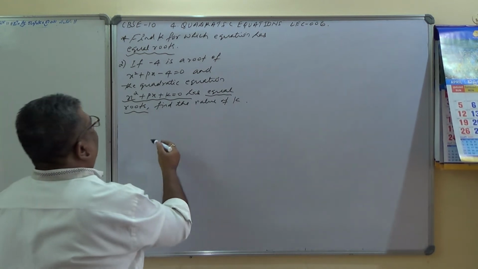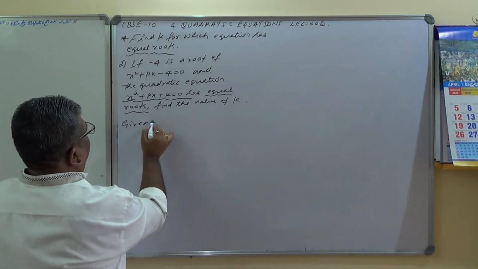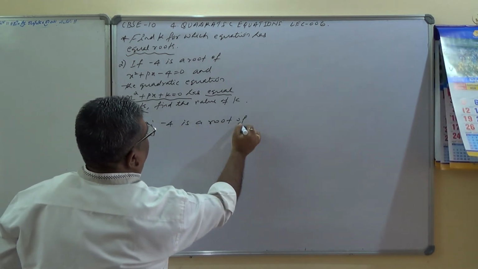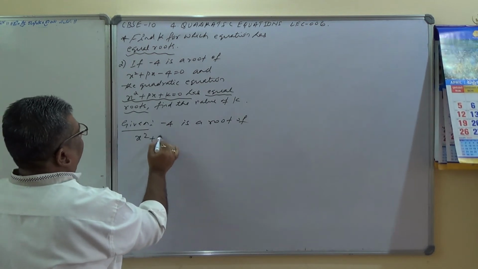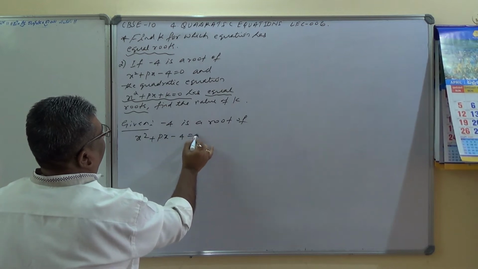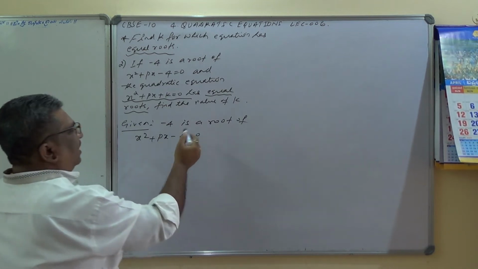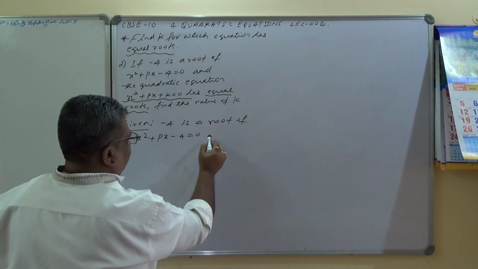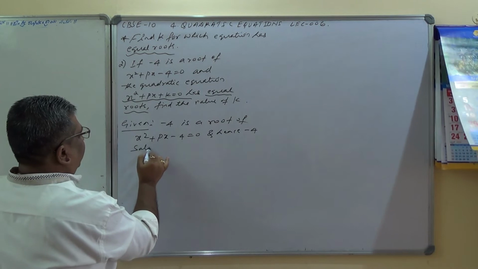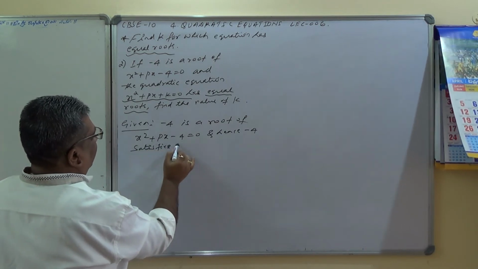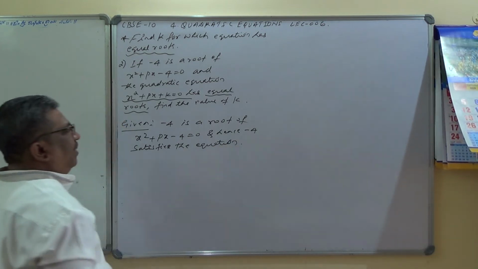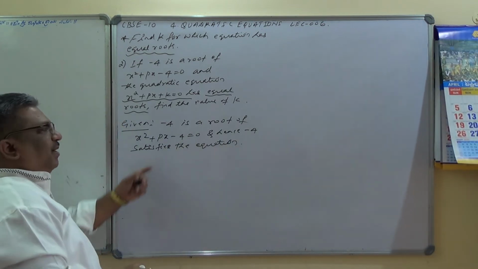So what we will do now: given minus 4 is a root of x square plus px minus 4 equals 0. Therefore, minus 4 is a root and hence it satisfies the equation. Satisfy the equation, meaning if I substitute, it will become equal to 0.